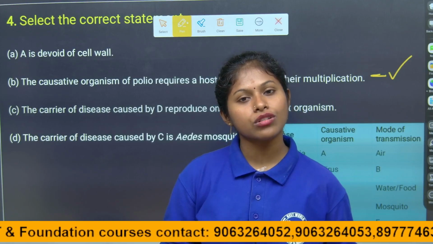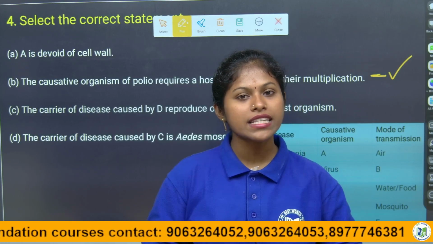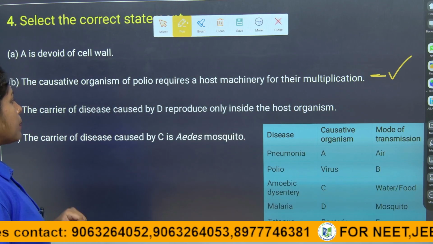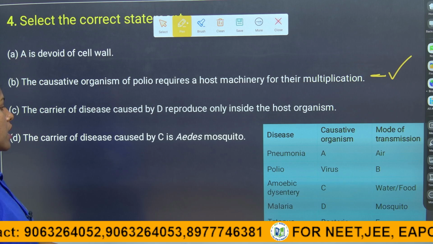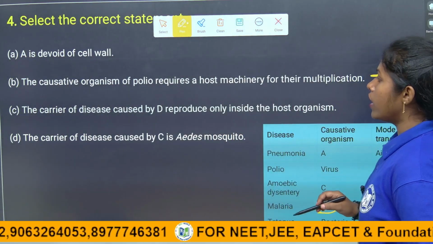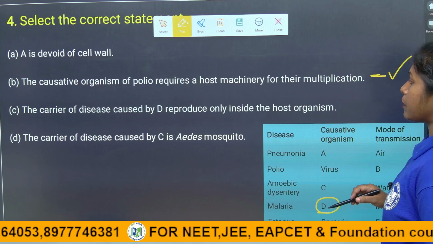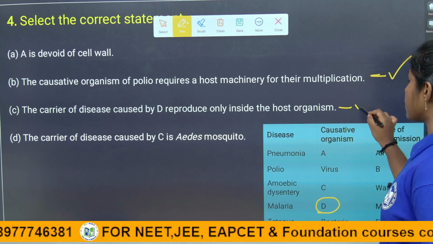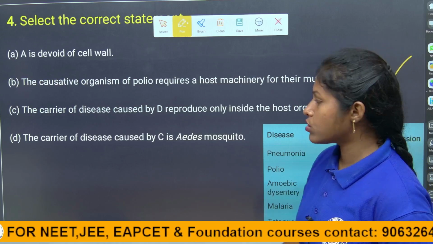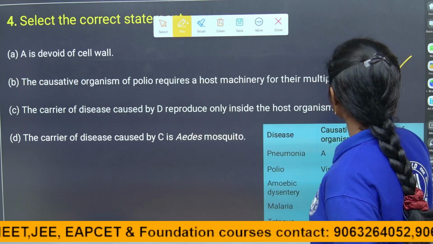That is why virus is also called acellular. Next, the carrier of disease caused by D reproduces only inside the host organism. Here they gave malaria, a protozoa. No, protozoans exhibit living characters outside of the host also. So this is also a wrong statement.